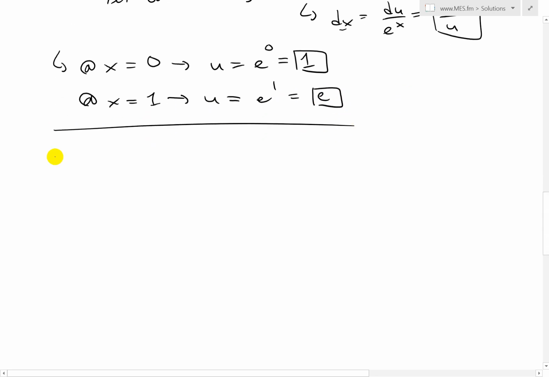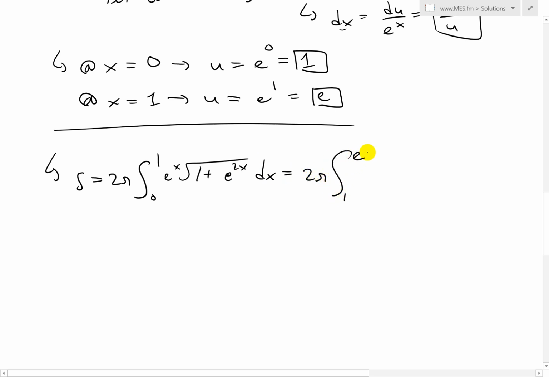Putting this all together, we have the surface area S equal to 2 pi, the integral from 0 to 1 of e to the x times the square root of 1 plus e to the 2x, written out for completeness' sake, equals 2 pi, the integral from 1 to e of u times the square root of 1 plus u squared, du over u.